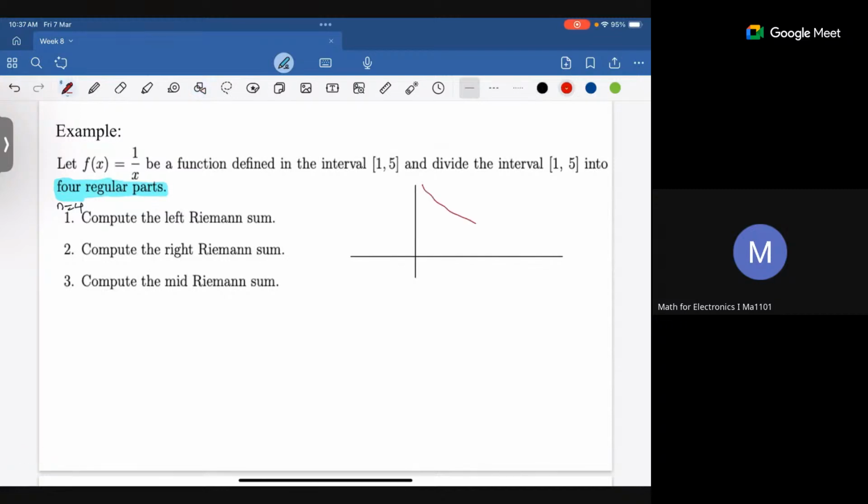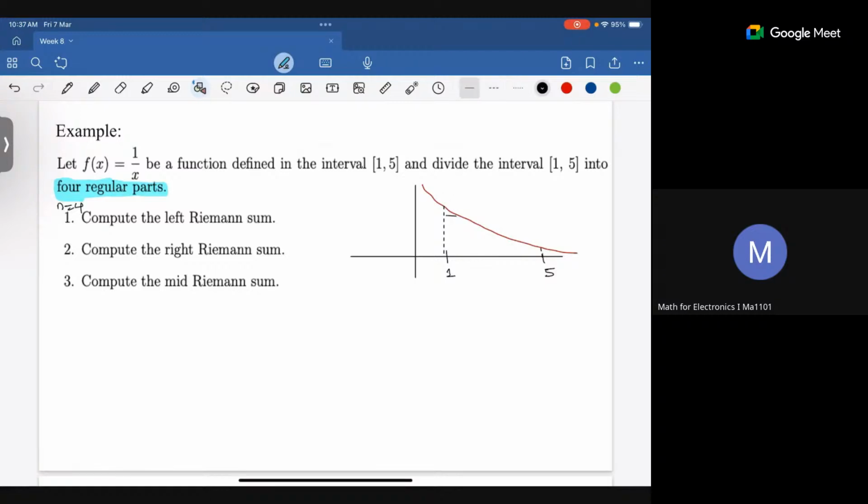Okay, how does this look? This looks something like this. And plot 1, this is 1, and this is 5. Now, we are interested to compute the left Riemann sum, right Riemann sum, and mid Riemann sum in this region, so the 1 to 5 region.